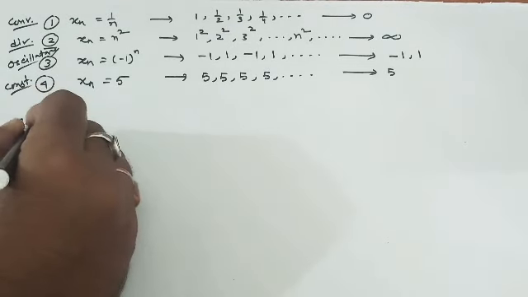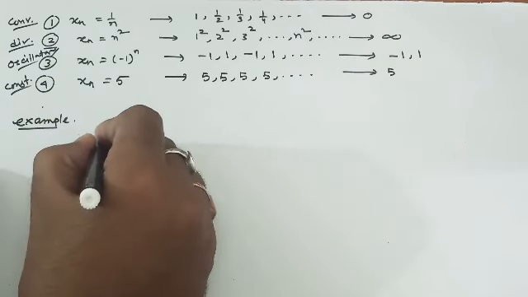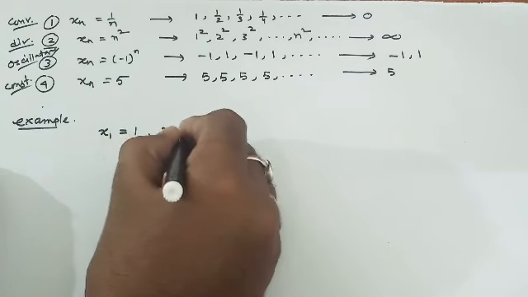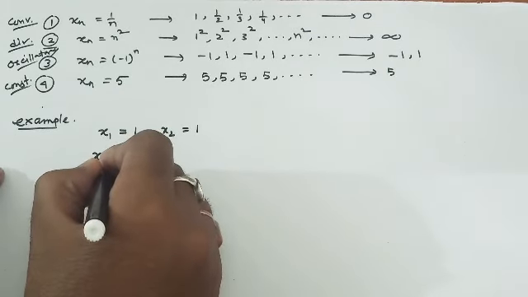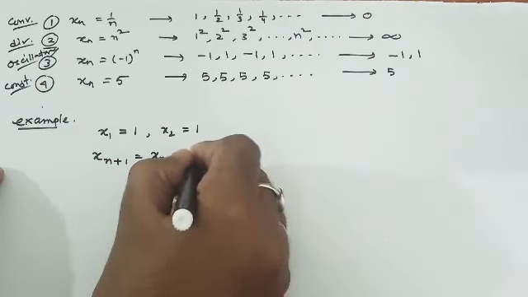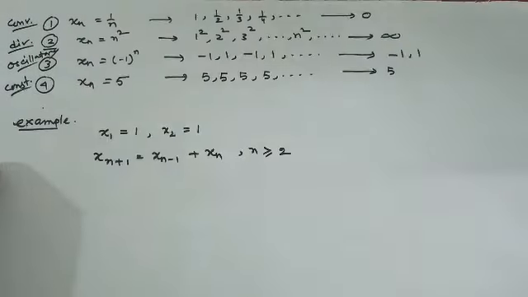For that I am taking an example: the first term of the sequence is given as 1, the second term is given as 1, and the rest of the terms are formed this way: xn equals xn minus 1 plus xn minus 2, where n is greater or equal to 3. This is just an example.